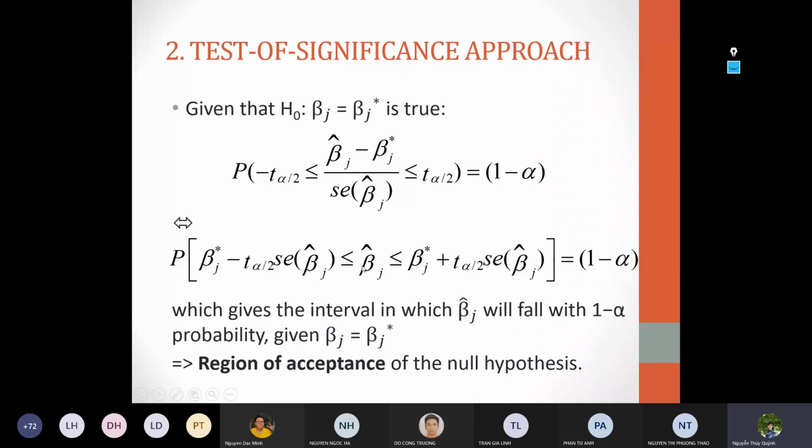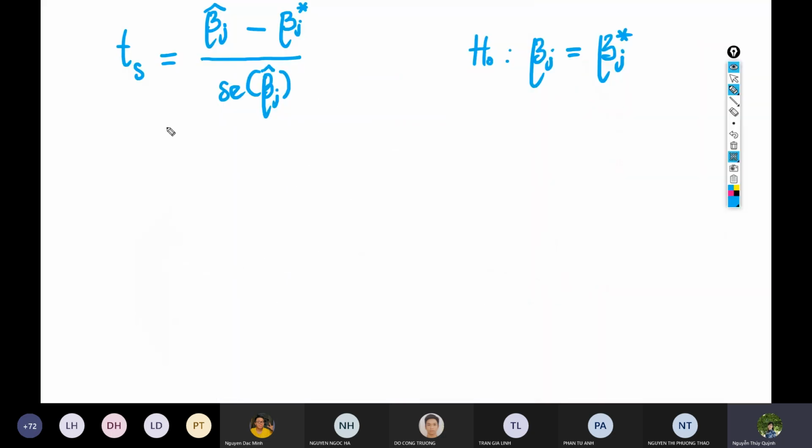So let's look at this. This is the distribution of beta j hat. The expected value of beta j hat is beta j. And when we assume that H0 is true, the expected value of beta j hat is beta j star, like this.